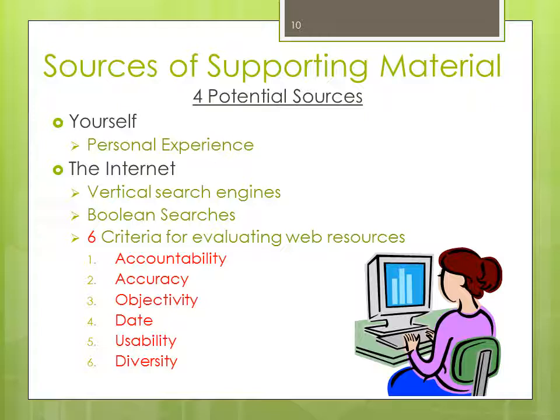Some simple strategies can help you narrow down thousands of hits to a more workable number. A vertical search engine is a way you can narrow your search to a special tool that may index, for example, academic sources or job websites.